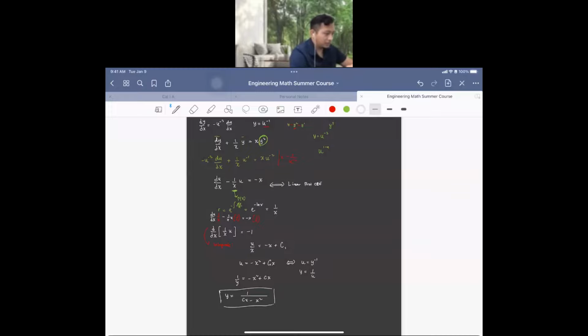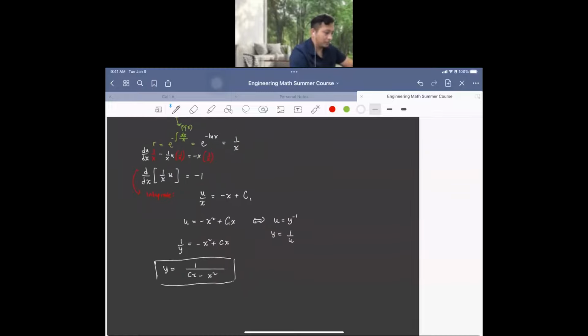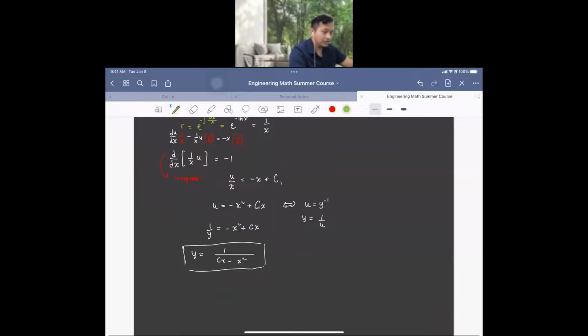But for this one, if you remember the original equation is x y prime plus y equals x squared y squared. With y equals 0, this is also a solution, right? This is a singular solution for this equation.